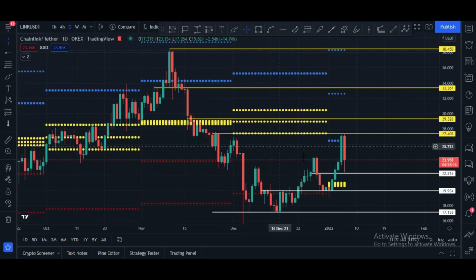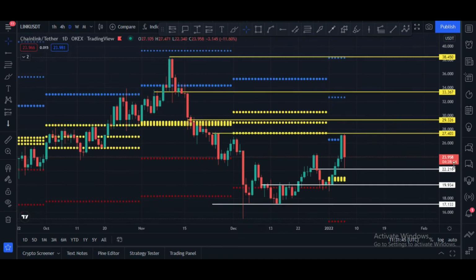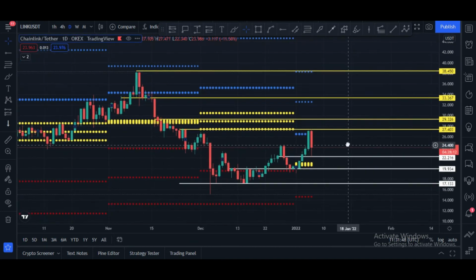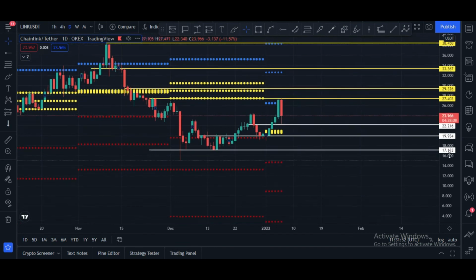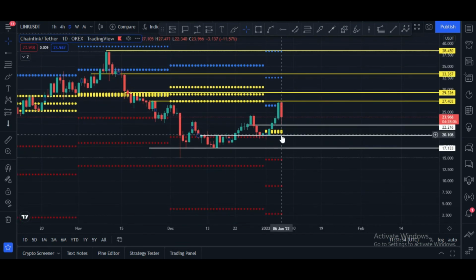Let me please show you CPR levels. These are the main CPR monthly levels, these yellow lines, and these blue lines are the main targets. Currently it hit the first target, but unfortunately it bounced back from here.